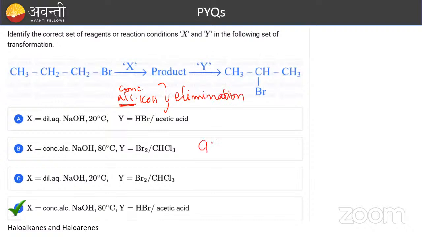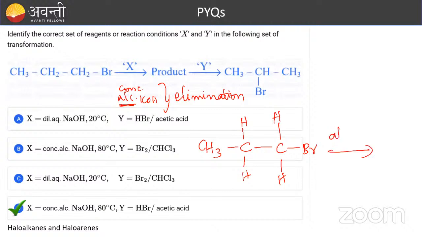When CH3CH2CH2Br is treated with concentrated alcoholic KOH, a beta hydrogen will be eliminated. This is the alpha carbon and this is the beta carbon. We have 2 beta hydrogens.